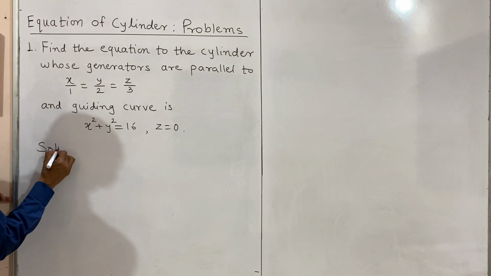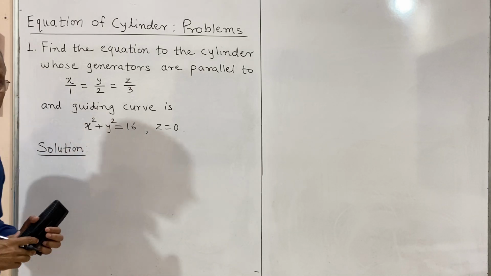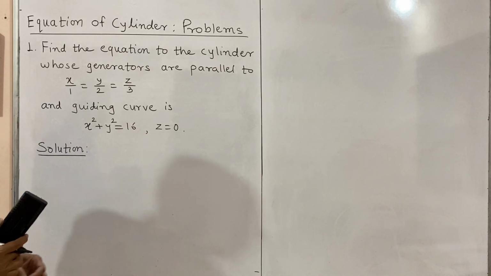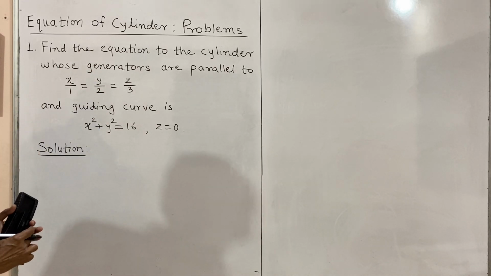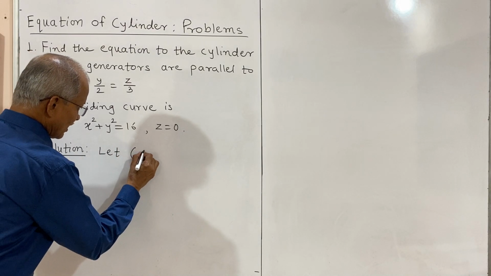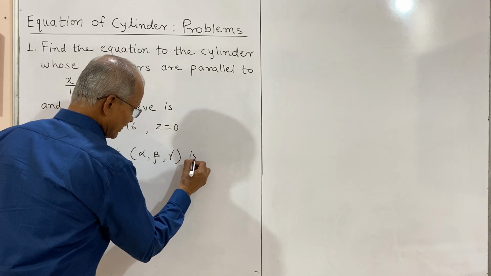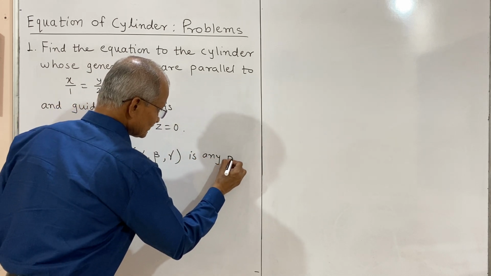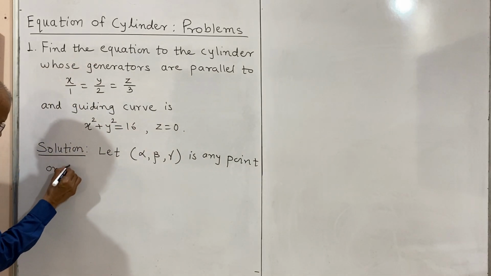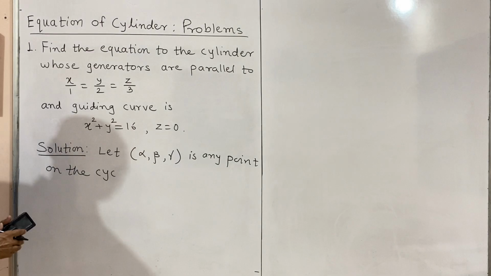The procedure we shall use to obtain the equation of the cylinder is to consider any point, say alpha, beta, gamma, on the given cylinder. Let alpha, beta, gamma be any point on the cylinder, that is the required cylinder.